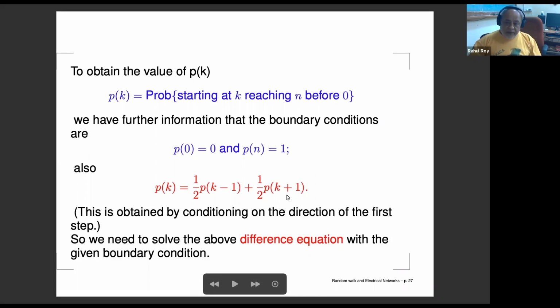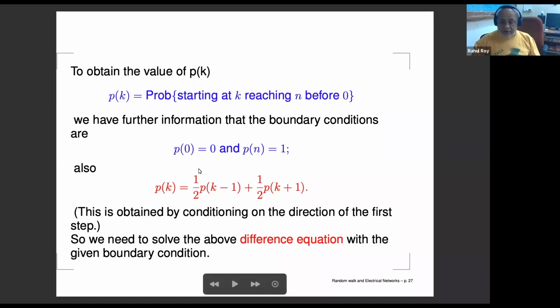To make this more precise, you have to do a conditioning argument, namely condition starting at k, that the first step is to the left, times the probability that the first step is to the left, plus starting at k, the first step is to the right, times the probability that the first step is to the right.